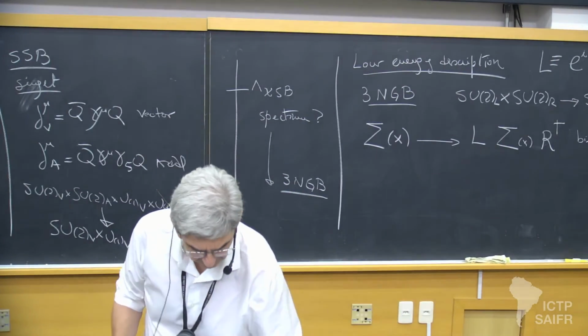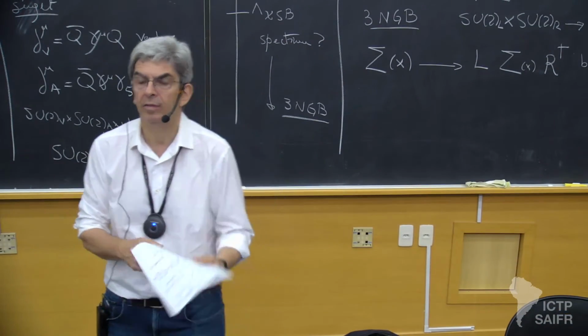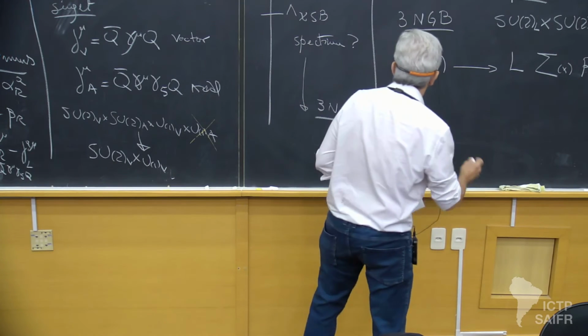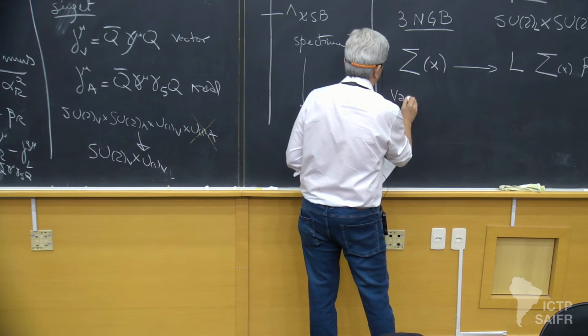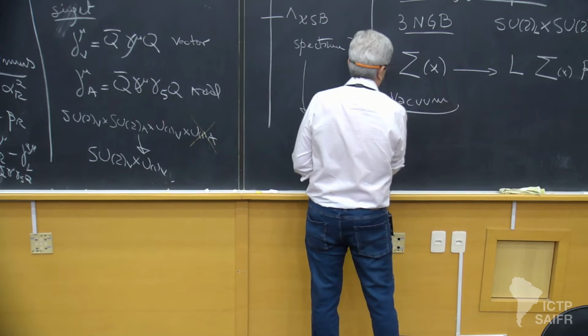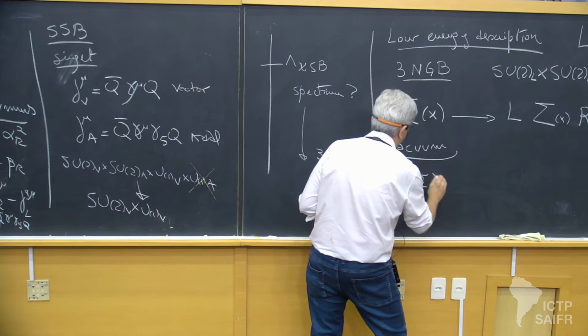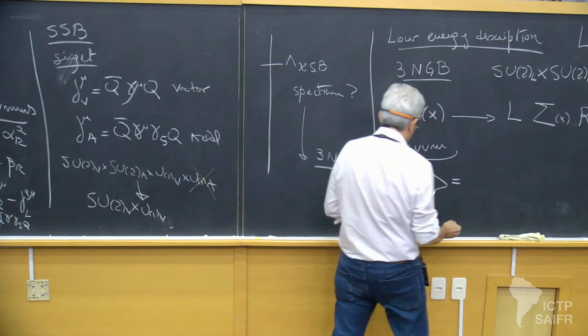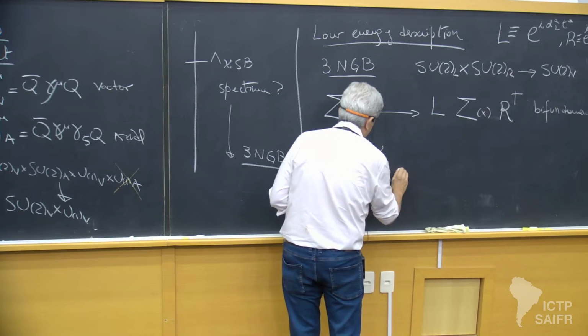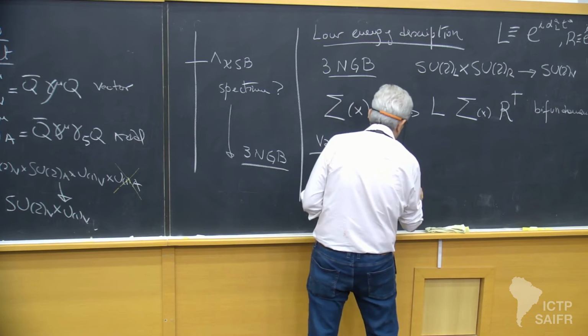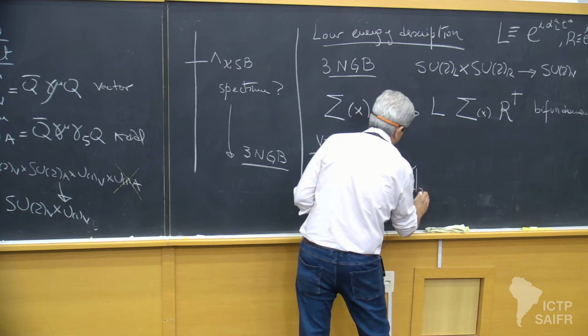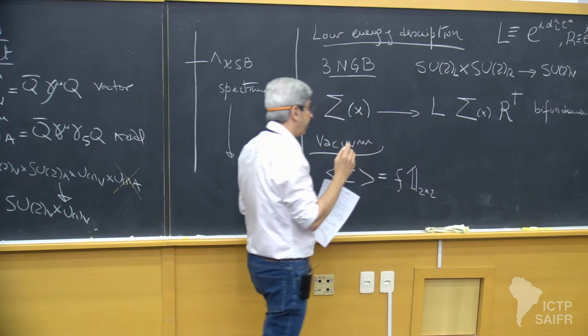Now, what is the vacuum of this thing? Well, the vacuum choice, the expectation value in the ground state, is going to give me a scale times the identity. Why the identity?